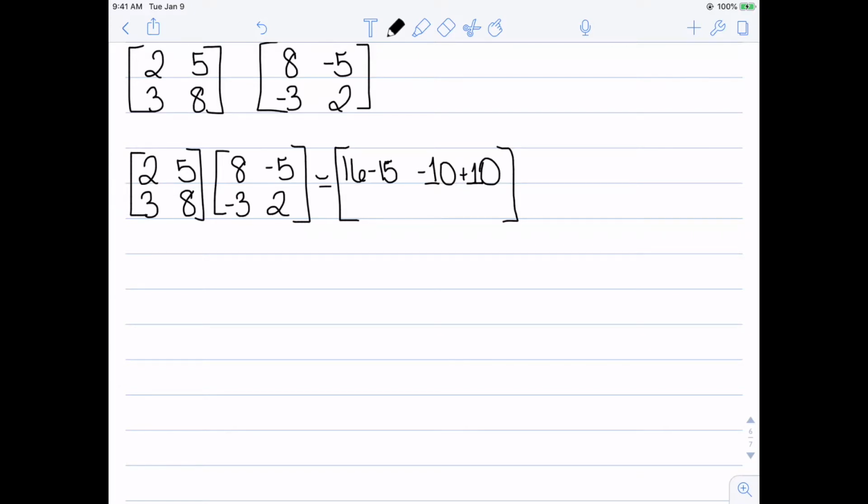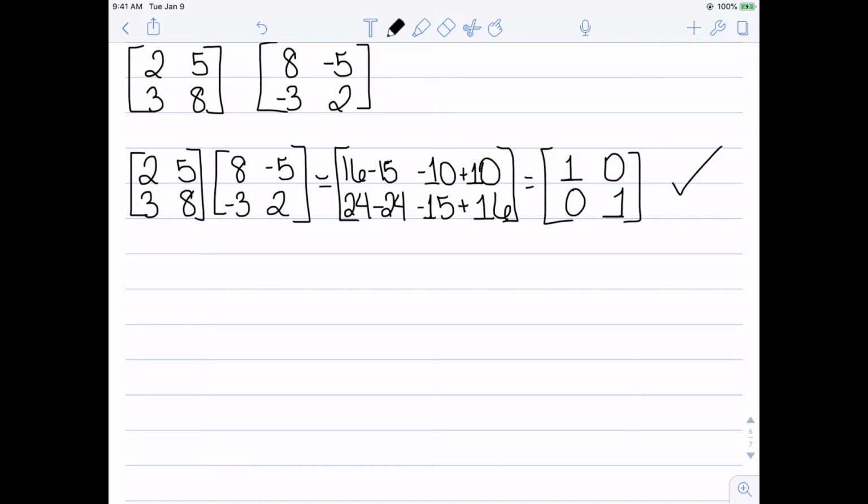I then do second row, first column. 3 times 8 is 24, and 8 times negative 3 is negative 24. Finally, I do the second row, second column. 3 times negative 5 is negative 15, and 8 times 2 is 16. Simplifying then gives me 1, 0, 0, 1, which is my identity matrix.